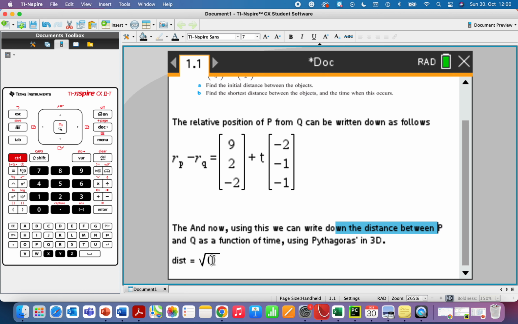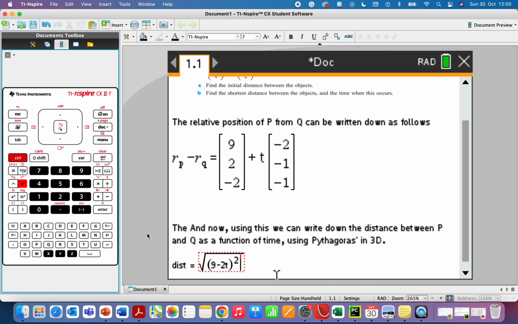And that is just simply the x, y, and z components put into Pythagoras. So this is the x component, which is 9 minus 2t, and we have to square it, and then plus the y component, 2 minus t, and again squared, so just Pythagoras in 3D, plus the z component, negative 2 minus t, and we will square that.